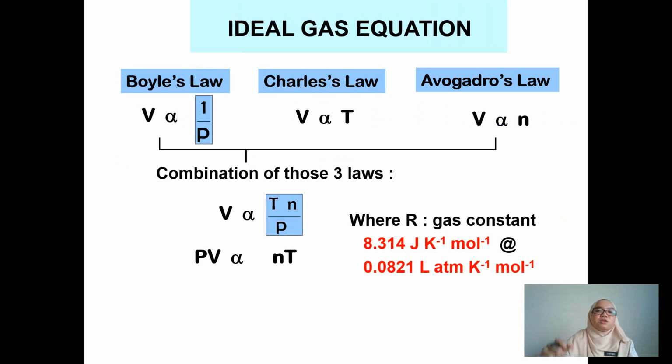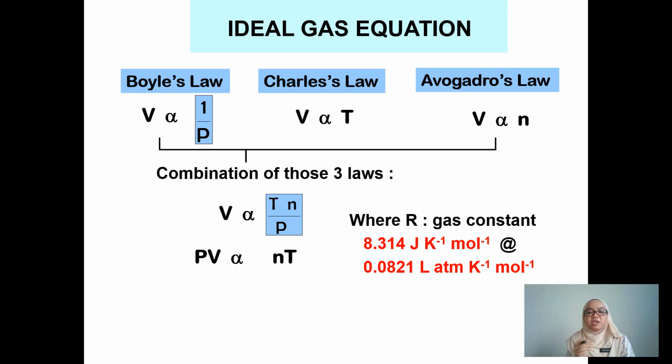Okay, so how do we get the ideal gas equation? The answer is simple. We need to combine all three equations from the gas laws that we have learned earlier, to form the ideal gas equation. Because the ideal gas equation describes a gas that obeys all the gas laws, which are Boyle's law, Charles' law, and Avogadro's law.